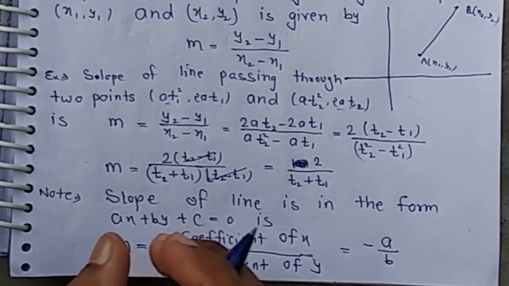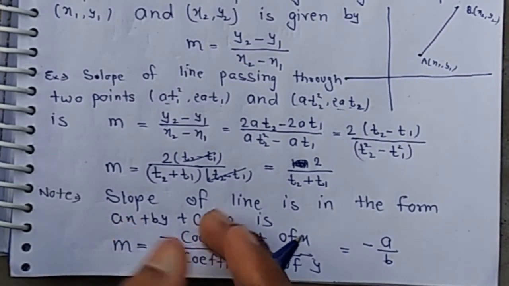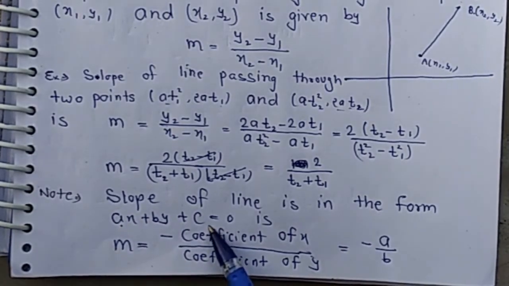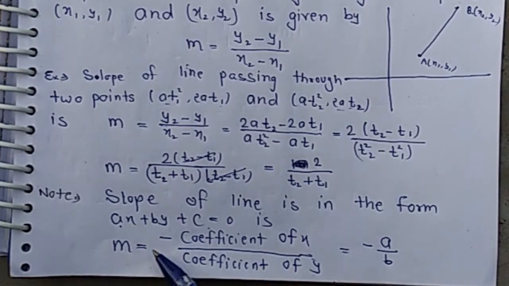It is slope of line in the form ax plus by plus c equal 0. If the given line is 3x plus 4y plus 9 equal 0, then its slope is m equal minus 3 by 4.